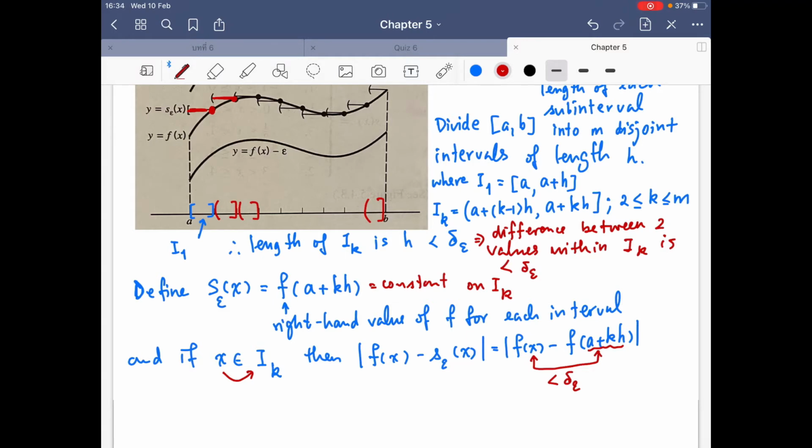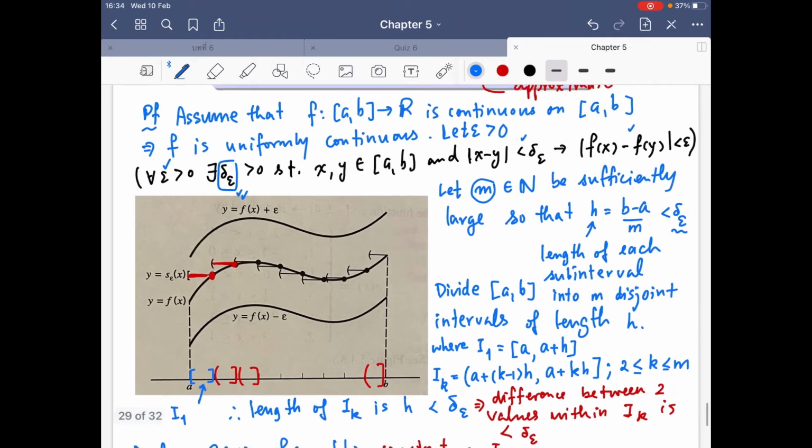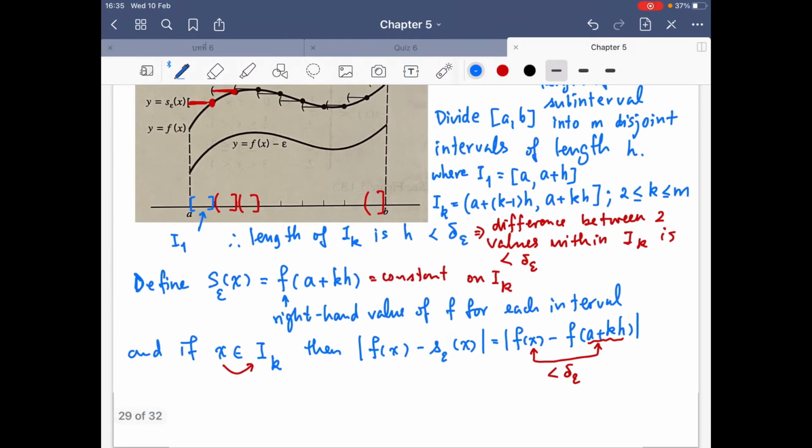So from uniform continuity, whenever we have two values of the domain whose distance is less than delta, the output difference will always be less than epsilon. So this will be less than epsilon by the uniform continuity of f.